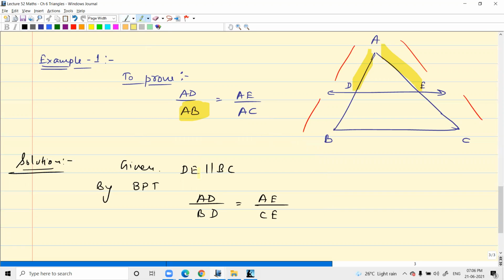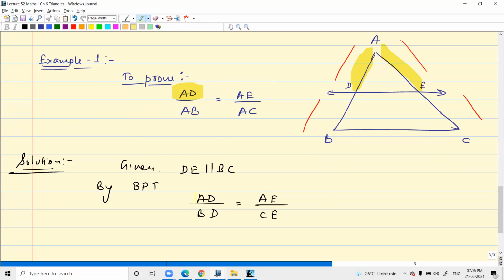Now, one more thing you need to notice. If I want to make these two parts a whole, the basic strategy, we know that we are going to add one on both sides, right? But before you add one on both sides, you need to make sure which part you need in your proof, which is the part we need after the addition of one. We still need this part AD. AD has to be there in the final answer.